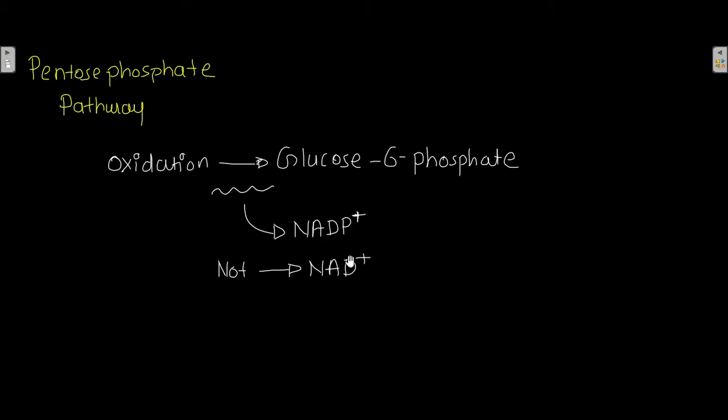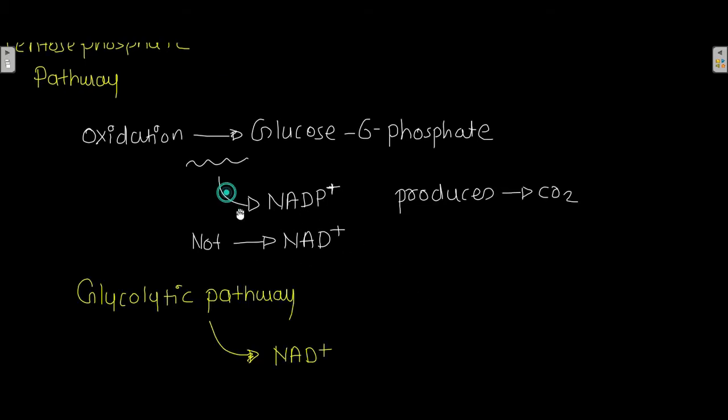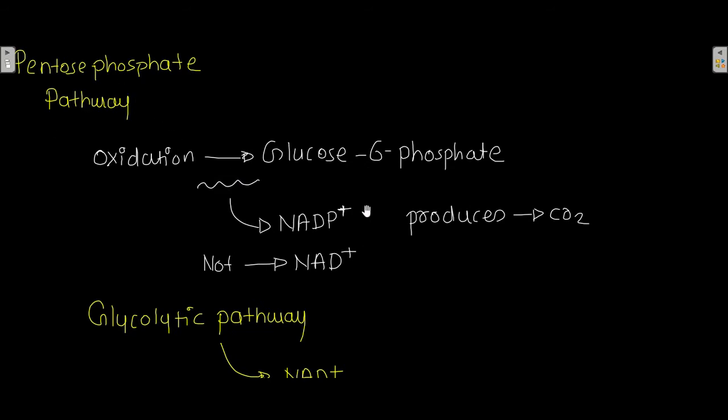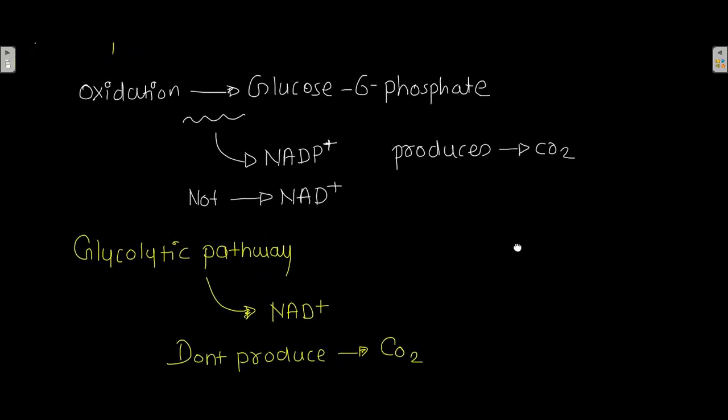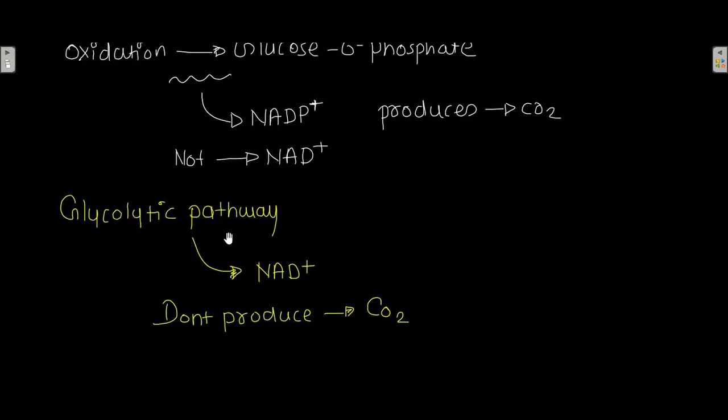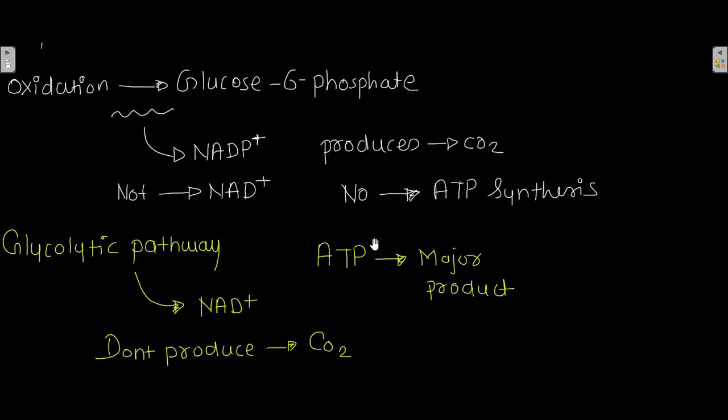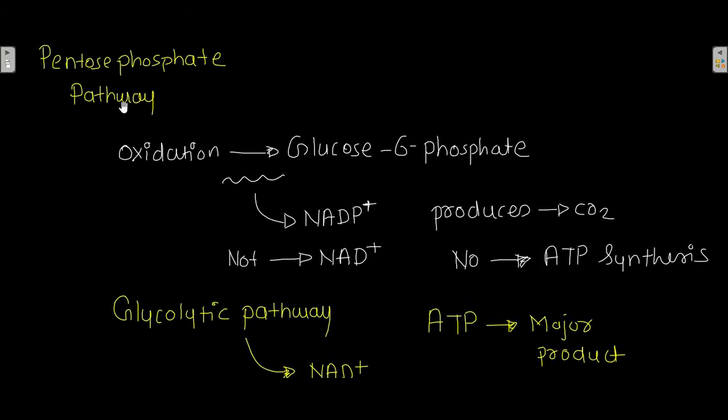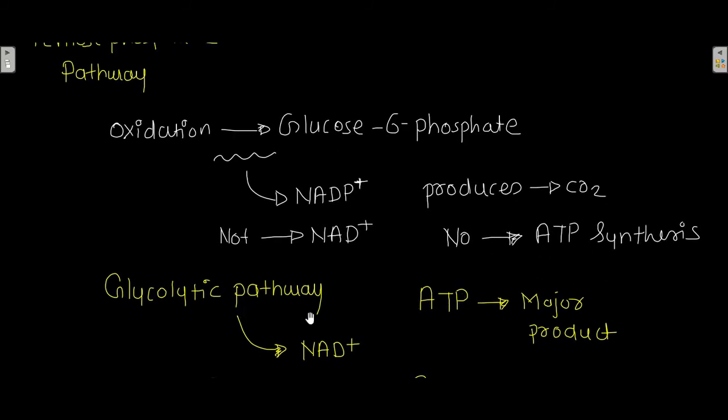This is the difference. The pentose phosphate pathway utilizes NADP plus and produces carbon dioxide, whereas the glycolytic pathway utilizes NAD plus and does not produce CO2. And in the pentose phosphate pathway there is no ATP synthesis, whereas in glycolysis ATP is the major product.